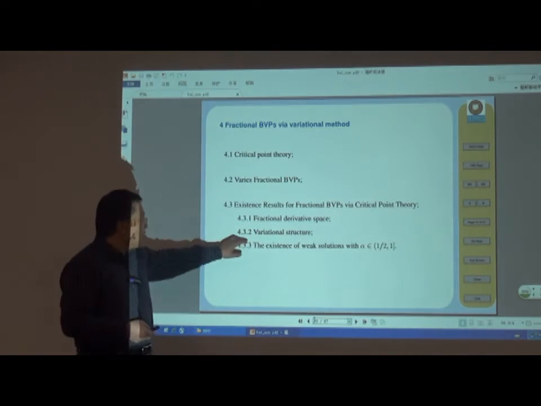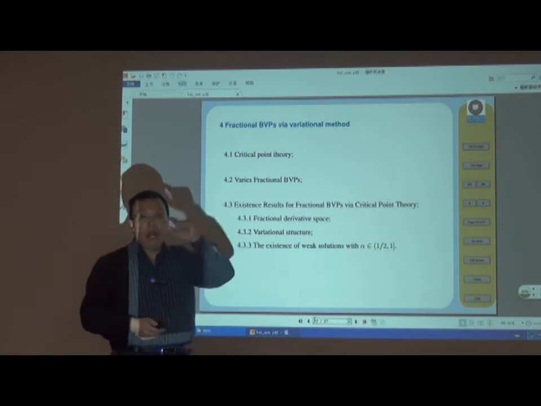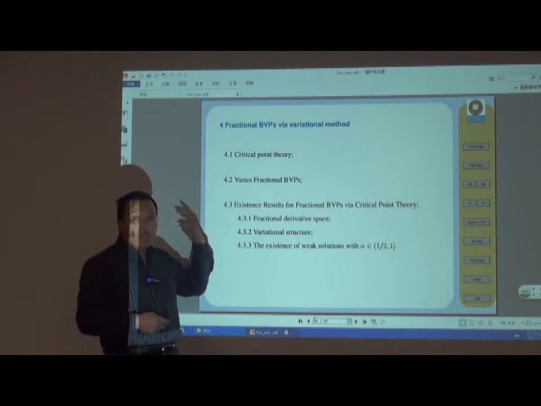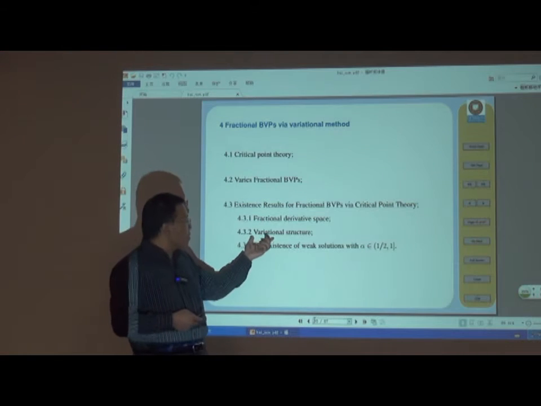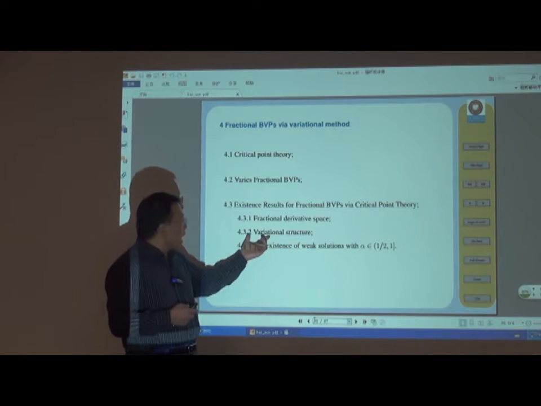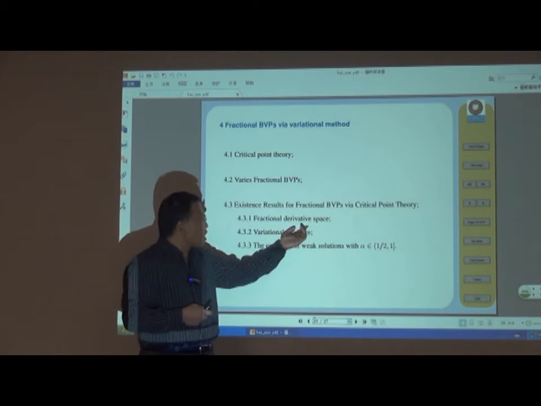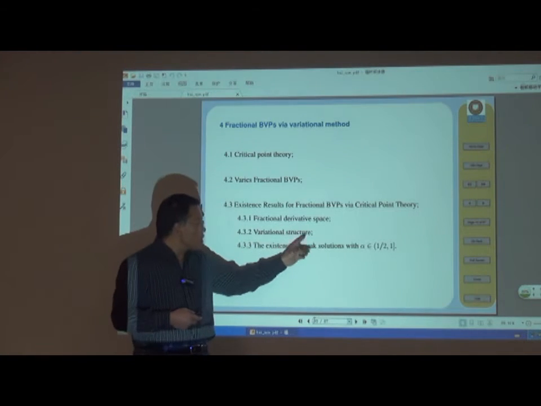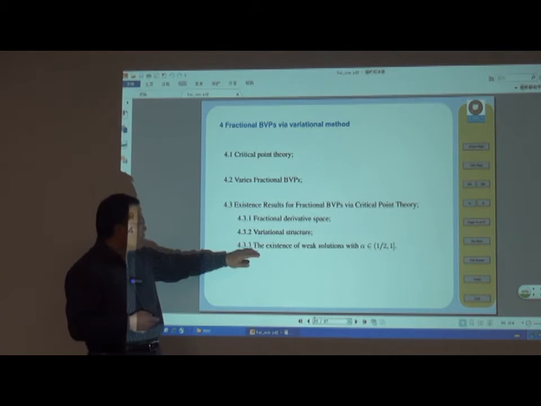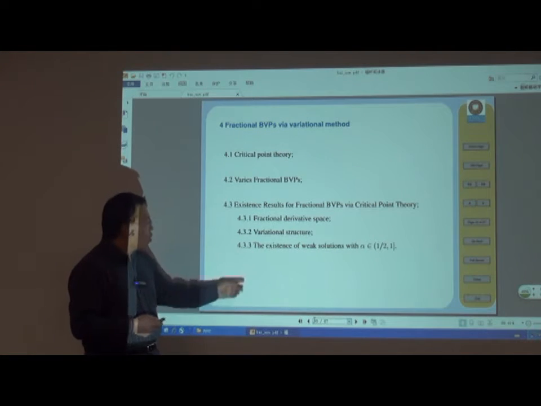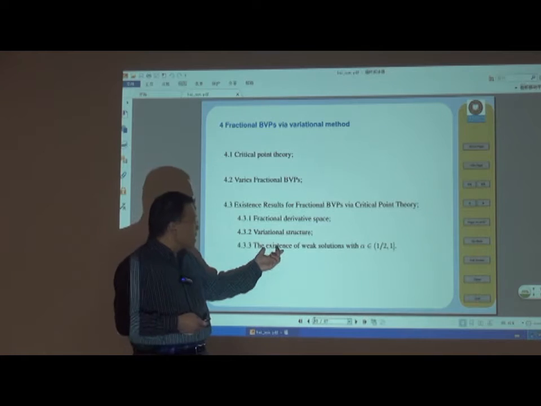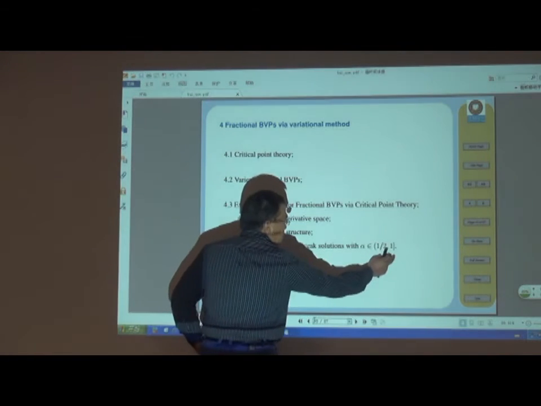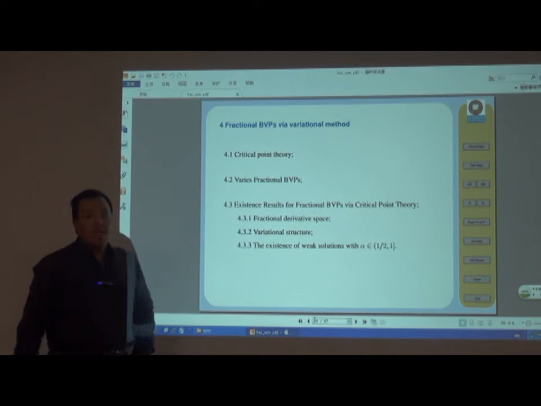And then in this appropriate space, we will study if the problem considered has a corresponding structure, here a variational structure. And lastly, we will give the existence of weak solutions. Here, r is located in this interval.